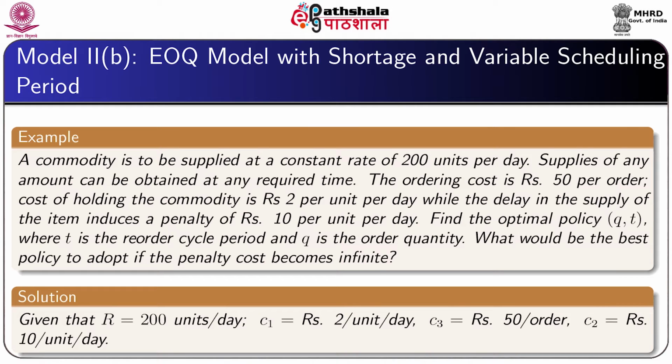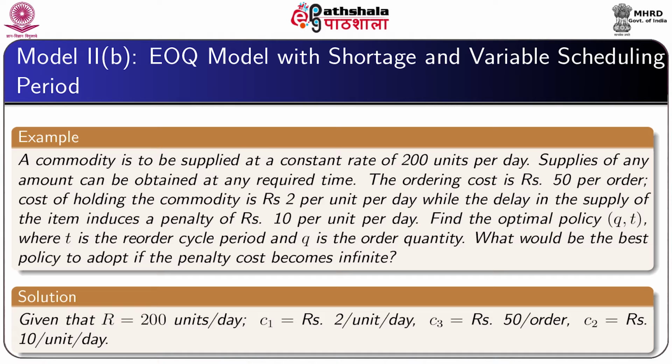Now, let us consider an example. A commodity is to be supplied at a constant rate of 200 units per day. Supplies of any amount can be obtained at any required time. The ordering cost is rupees 50 per order.